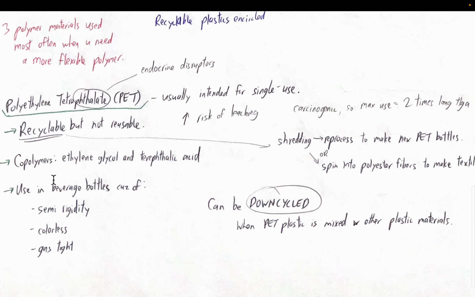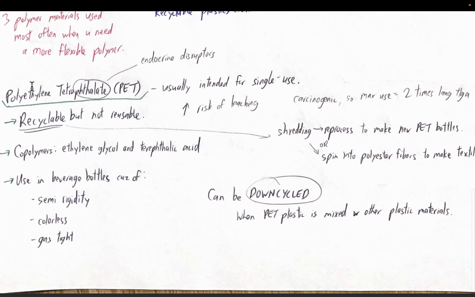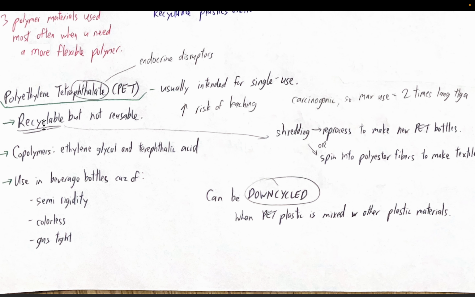Let's talk about PET first. Polyethylene terephthalate. It is recyclable, as mentioned earlier, but it's not reusable. Phthalate, the word phthalate, is known to be an endocrine disruptor. So usually it's intended only for single use because there is a high risk of leaching.